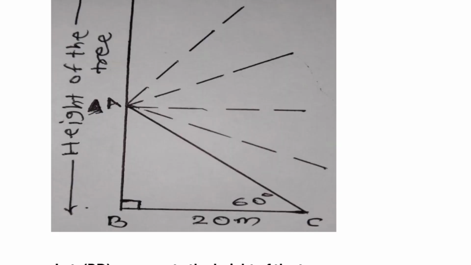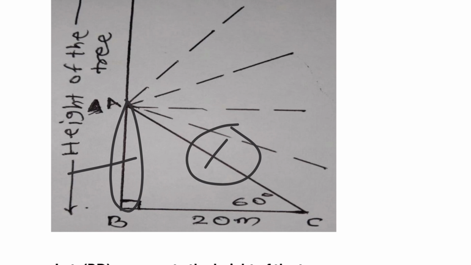This is the figure. Now AB represents the unbroken part of the tree, and AC represents the broken part of the tree, and segment BC represents the distance between the base of the tree and the top which touches the ground.